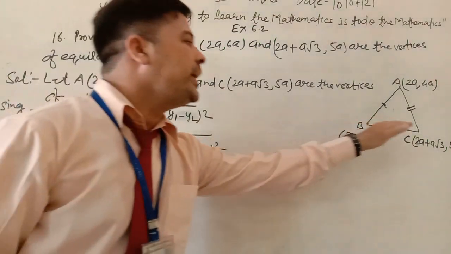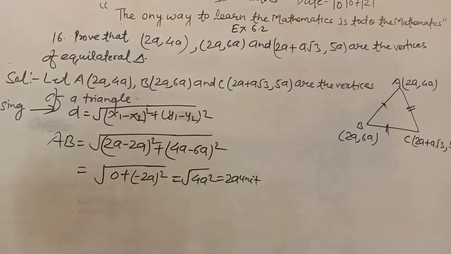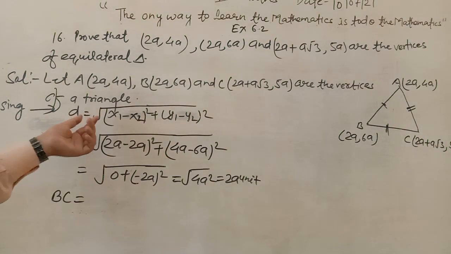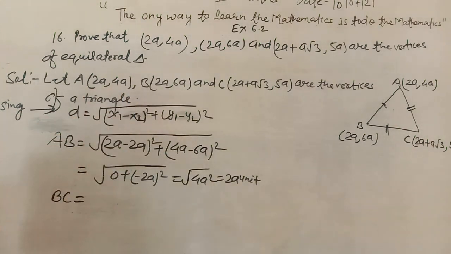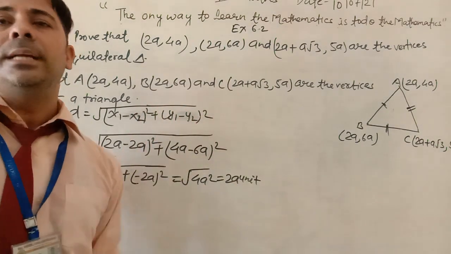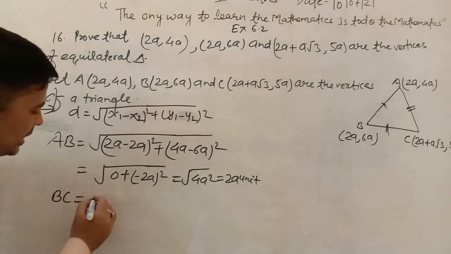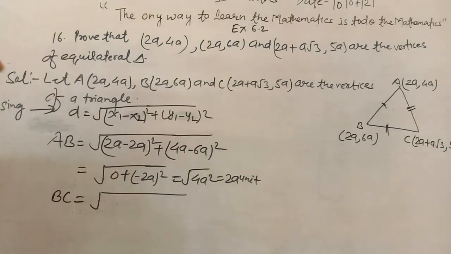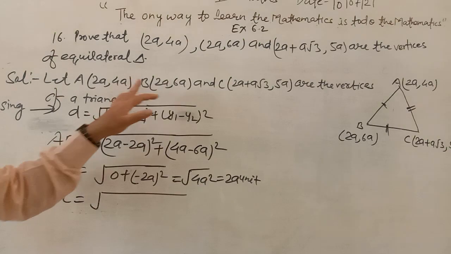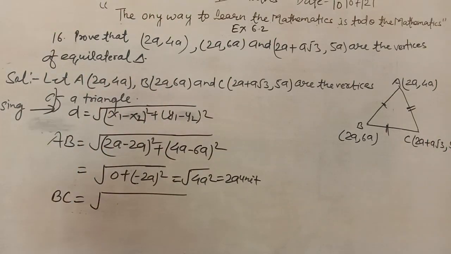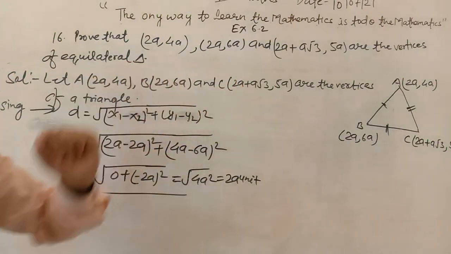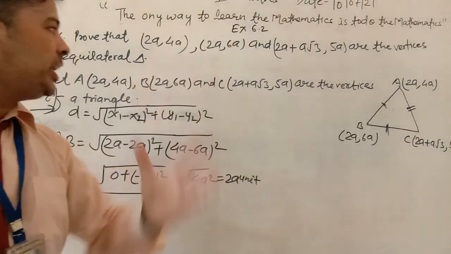Similarly, we need to find the value of BC using the distance formula. The value of BC is the square root of (x1 minus x2) whole square plus (y1 minus y2) whole square. Here BC means the distance between B and C. Here x1 is equal to 2a, x2 is equal to 2a plus a√3.